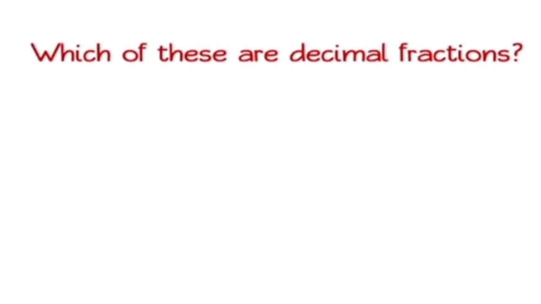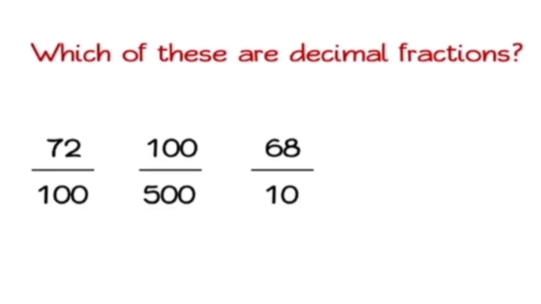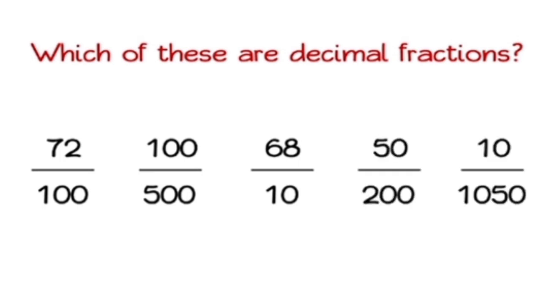See, there are some fractions. Identify which are the decimal fractions among them. Some fractions have denominator 100, 500, 10, 200 and 1050. So among them, which ones are decimal fractions?